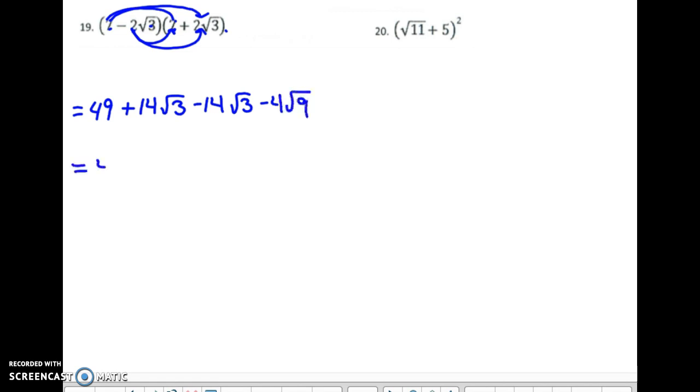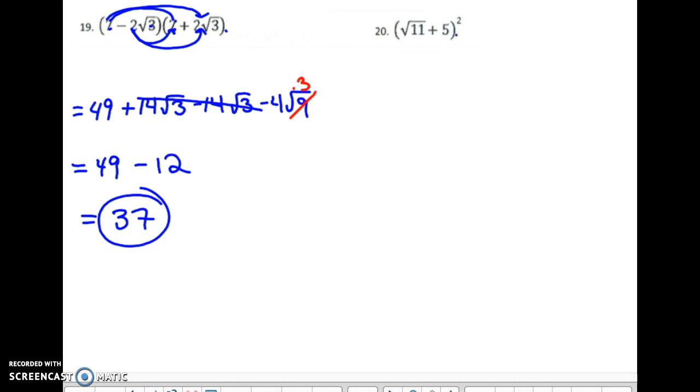So if we clean this up, we have 49. This is beautiful because those two cancel out. And the square root of 9 here is 3. And 4 times 3 is 12. So we have 49 minus 12, which gives us a difference of 37.